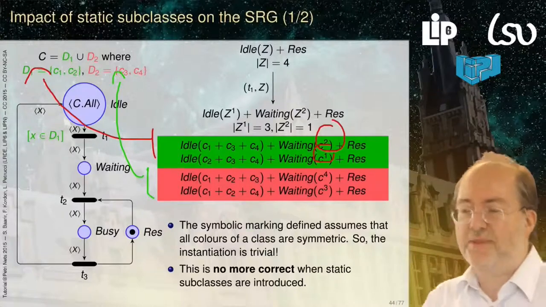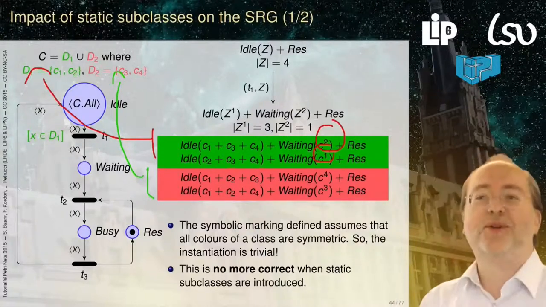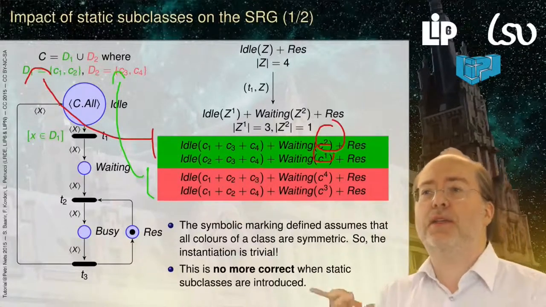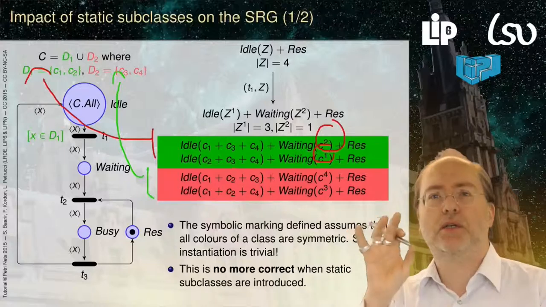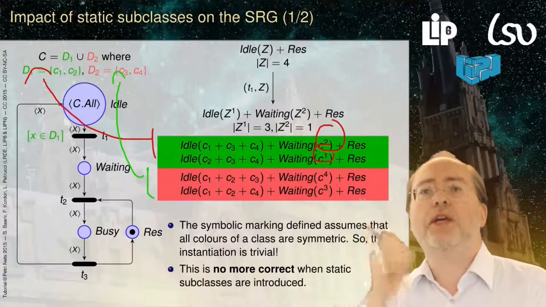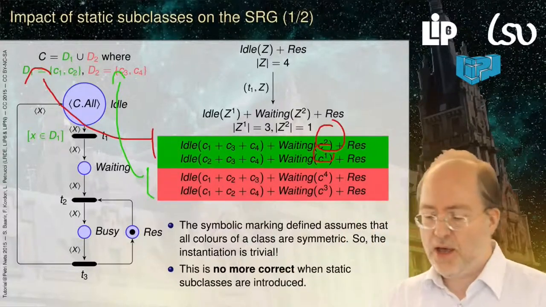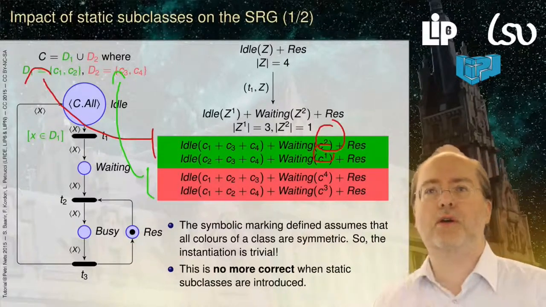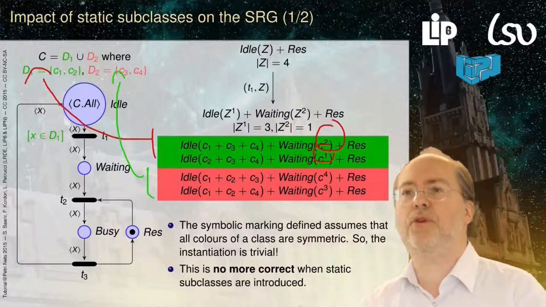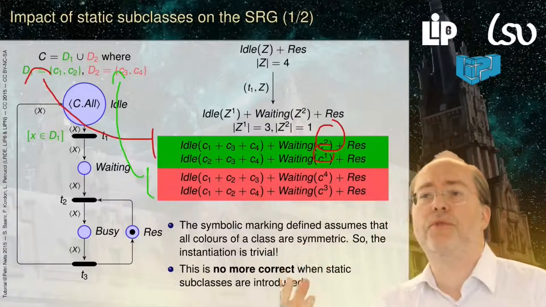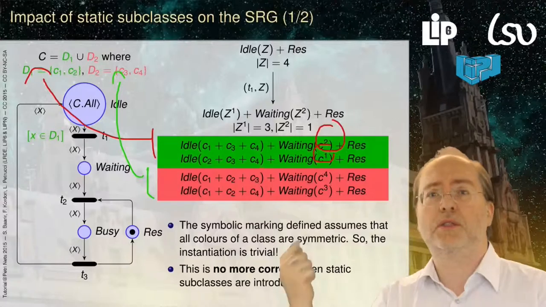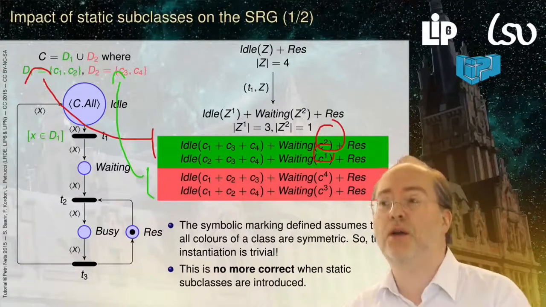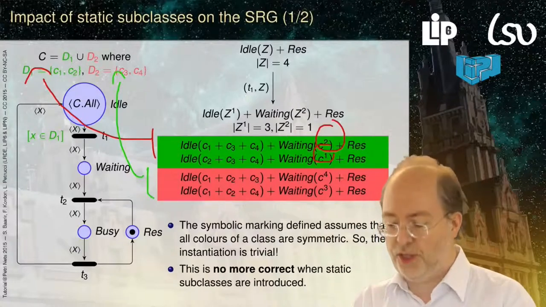Here I mixed the colors, but the idea is behind that. So in your symbolic reachability graph, there will be two symbolic states, one for the colors that are in D1 and one for the colors that are in D2, and from the symbolic state with the values in D2, you will never fire transition T1 because it's not allowed due to the guard.